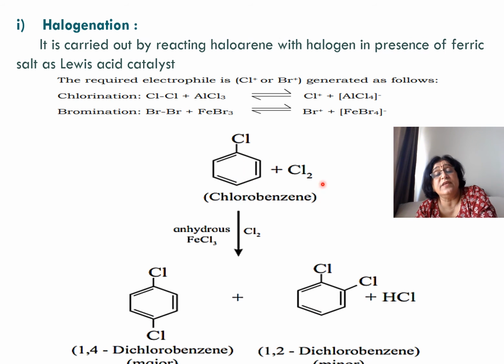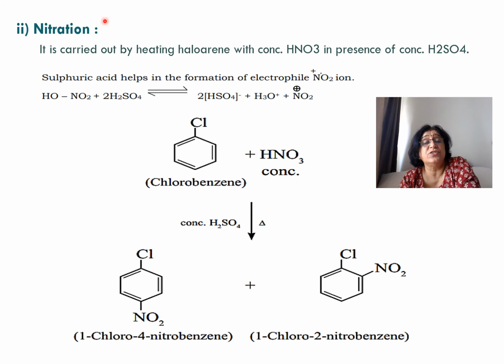So when chlorobenzene reacts with chlorine in the presence of anhydrous ferric chloride, it forms 1,4-dichlorobenzene and 1,2-dichlorobenzene. 1,4-dichlorobenzene is para-dichlorobenzene and it's the major product, while 1,2-dichlorobenzene is the minor product. Clear? Okay.